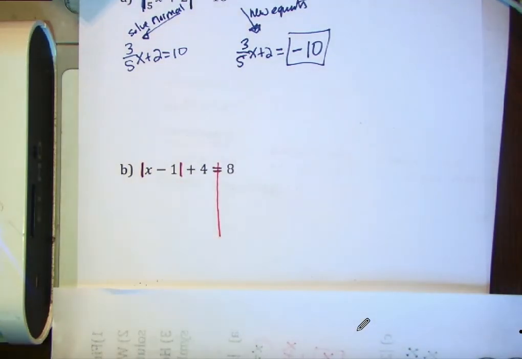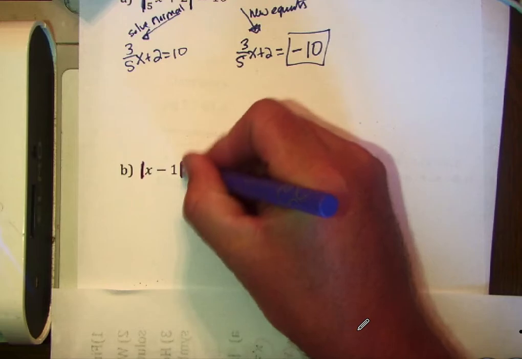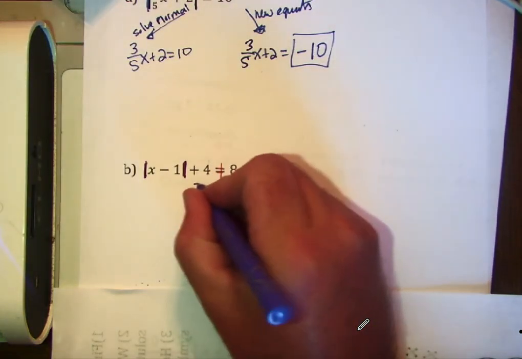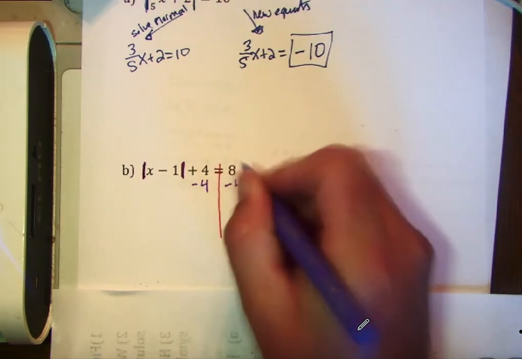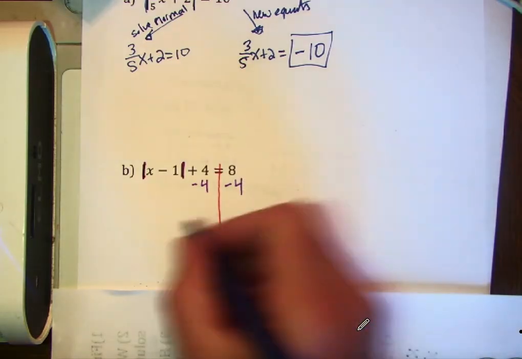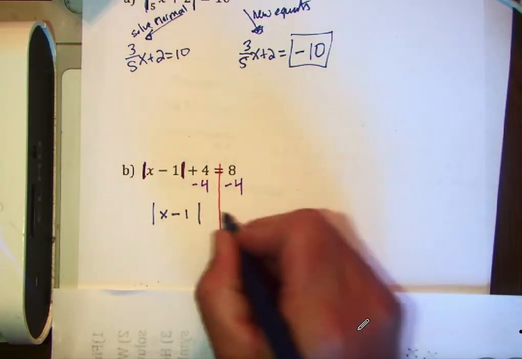Which one do you think we should do first? Well, just like if this was parentheses, which they are symbol or grouping symbols, we're going to get rid of this plus 4 first. Yeah, so we'll get rid of the plus 4. Now we have the absolute value of x minus 1 equal to 4.